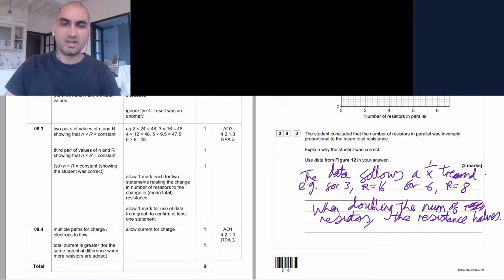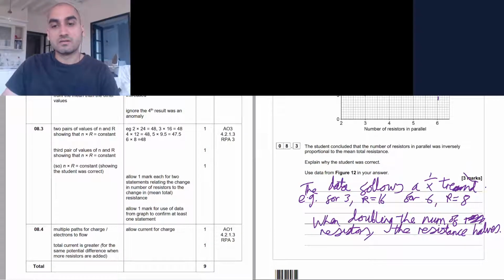Why do you need a third pair? Why not a fourth and a fifth? Like, why isn't 2 enough? Alright, I got 2 marks there. Apparently you were supposed to try 3 different values. It doesn't tell you how many. Oh my god, I'm losing marks. Crazy.